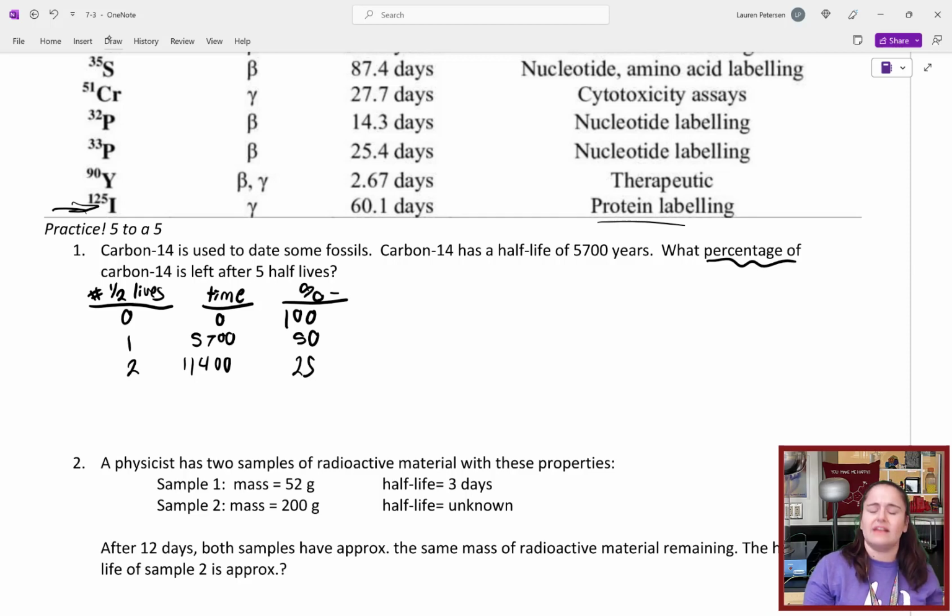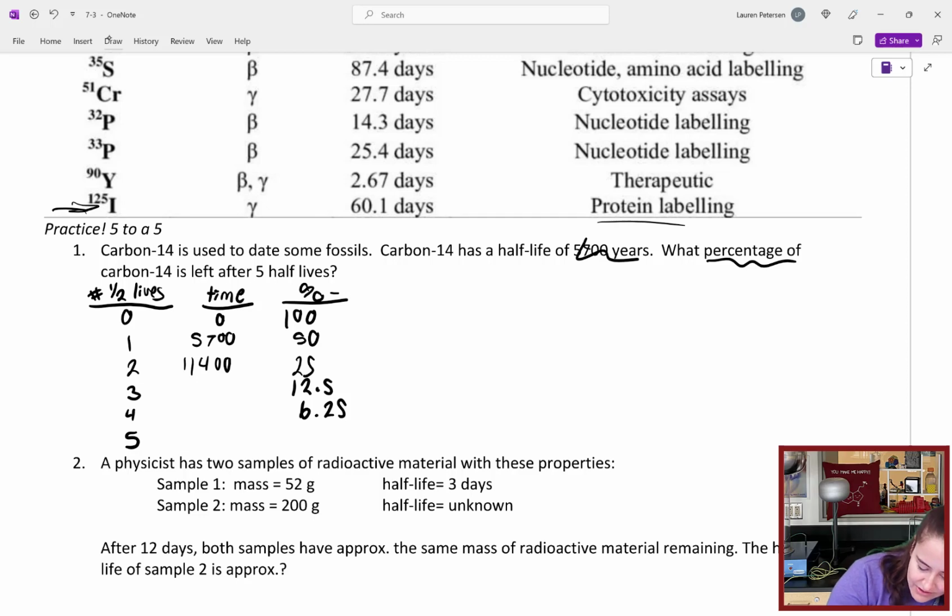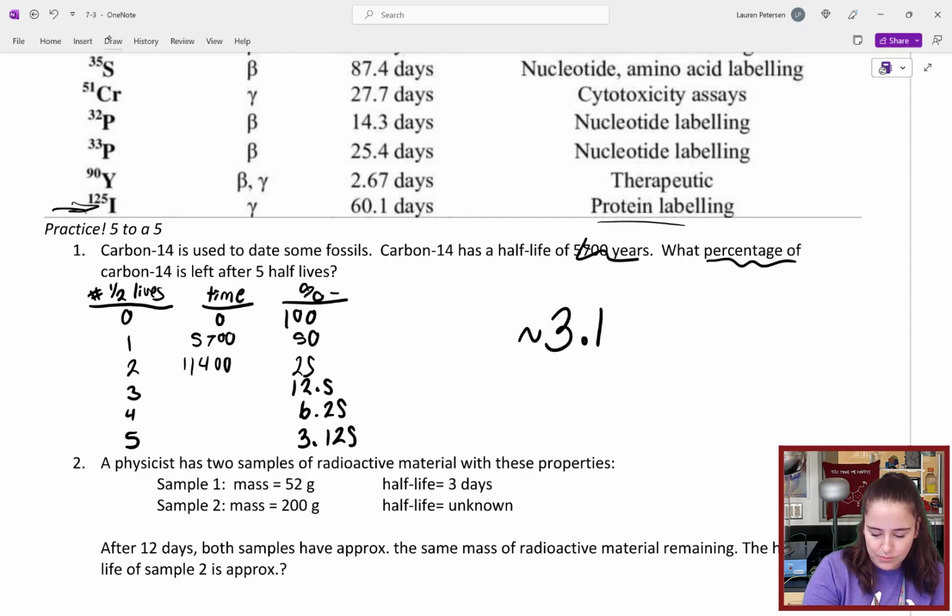It's not really asking us the time. It just says after 5 half-lives, so we don't really even need to worry about this. After 3 half-lives, we'll be down to 12.5%. After 4 half-lives, 6.25%. After 5 half-lives, 3.125%. Okay, so approximately 3.1%. Okay, cool.